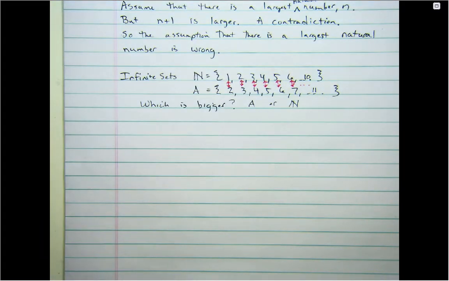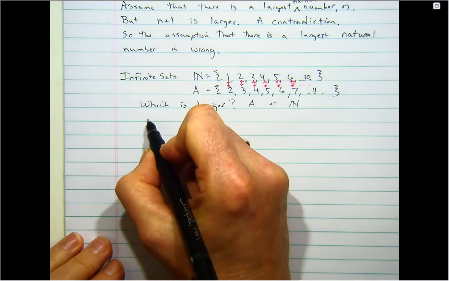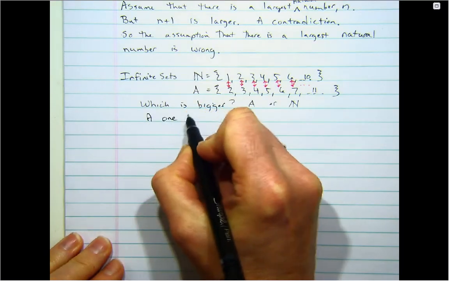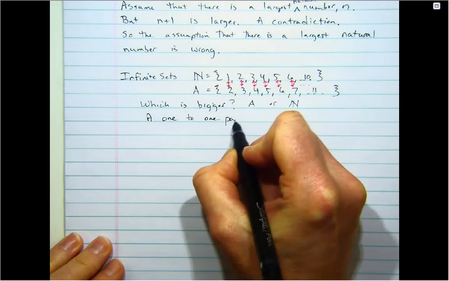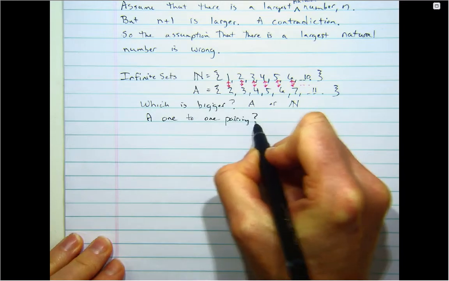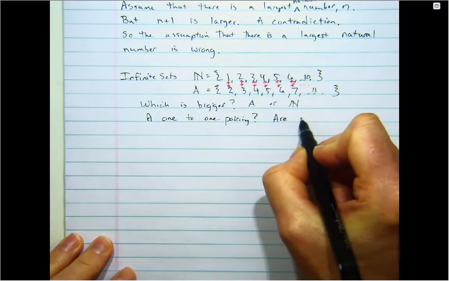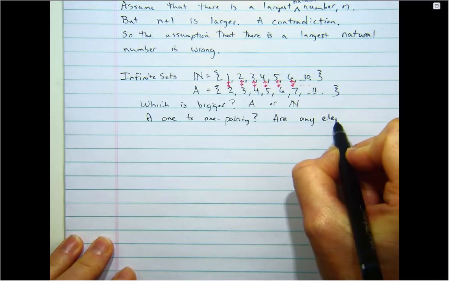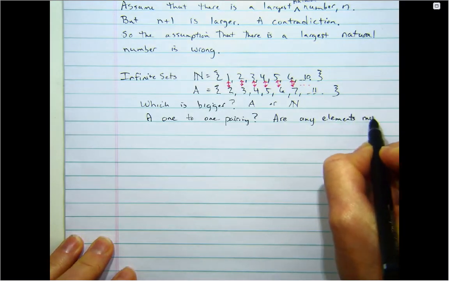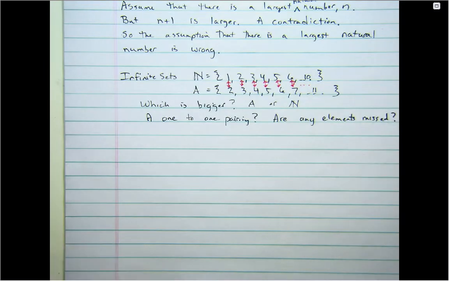So let's see if this is a one-to-one pairing. Let's write a question mark. Are any elements missed? Are any elements from the set N or the set A not paired with a number from the other set? Anybody see any that got missed?